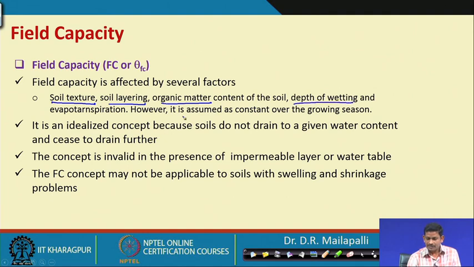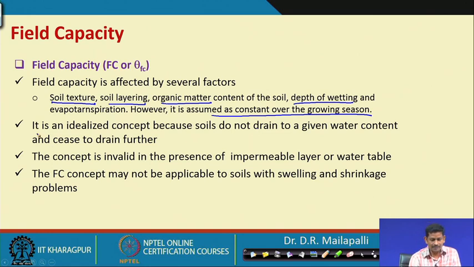However, it is assumed constant over a growing period. When you do modeling, field experiments, or water balance studies, we consider field capacity constant throughout the growing period, and then we decide irrigation based on that.